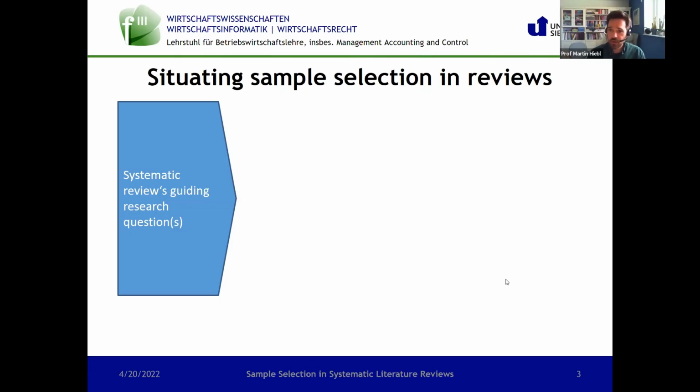But the good thing is you have some discretion for the research questions, just as you have some discretion for empirical papers too. And the rest of the process basically depends on how your research question is phrased.